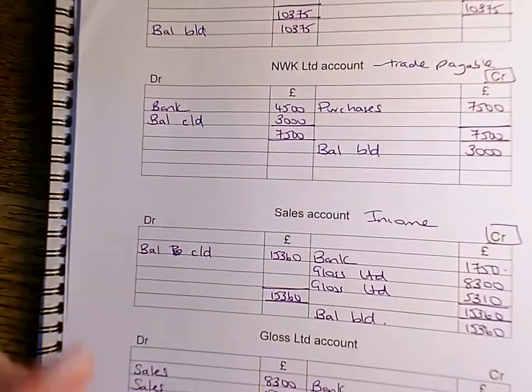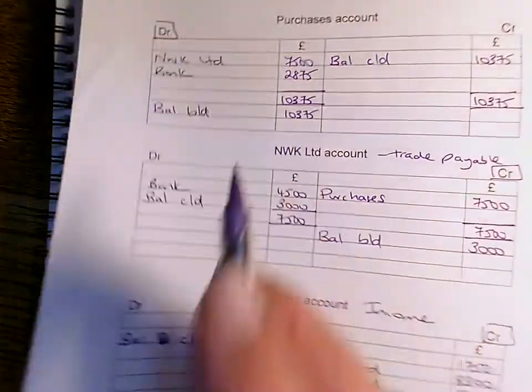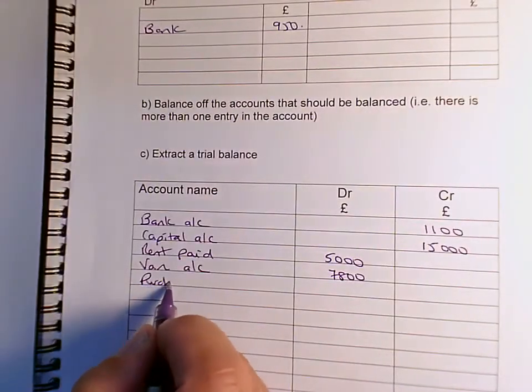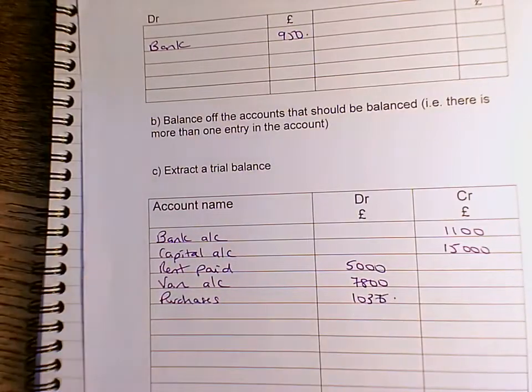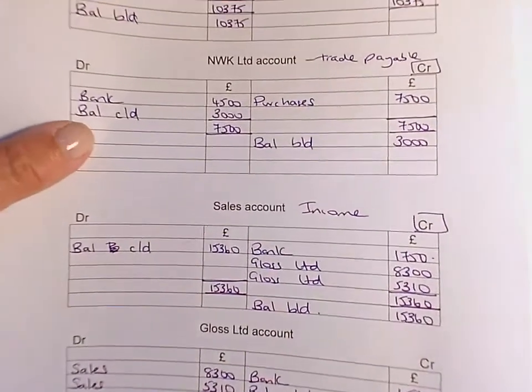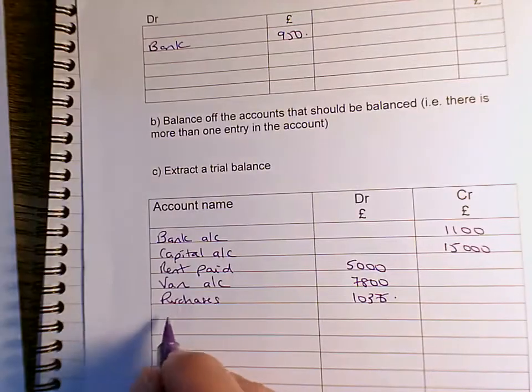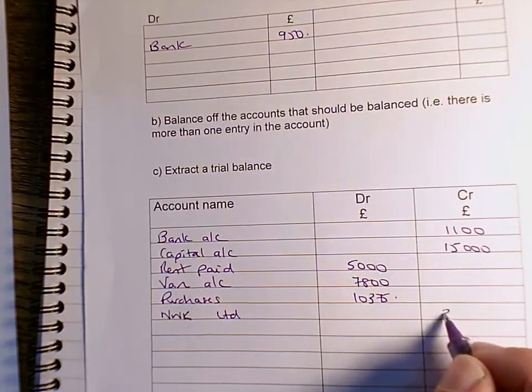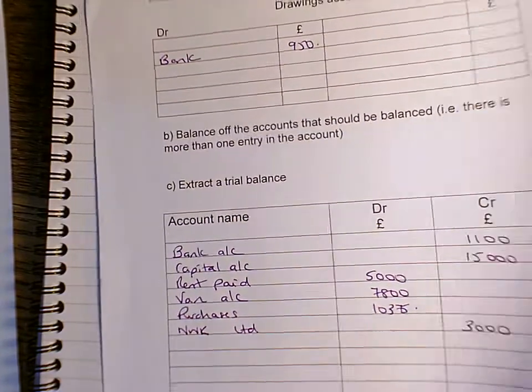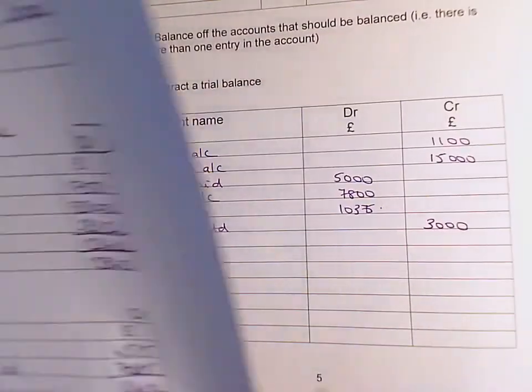Over to the second page, we have purchases that total 10,375, so we can pop those in there. 10,375, and then the NWK account had a balance of £3,000. So NWK Limited, 3,000. That's on the credit side. It's a liability. It's a trade payable.